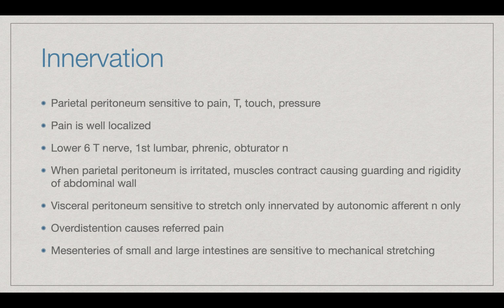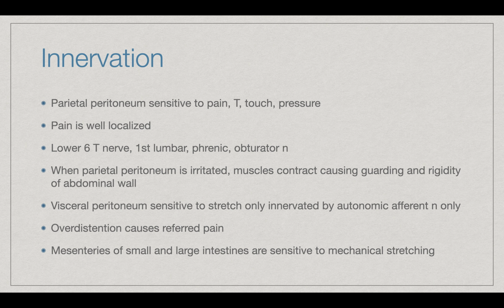When the parietal peritoneum is irritated, the muscles will contract and cause guarding, and that will make the abdominal wall rigid. So when you're palpating the abdomen for any kind of organomegaly and the patient is clenching, that's what we call guarding. The visceral peritoneum is sensitive to only the stretch, and it's only innervated by the autonomic afferent nerves.